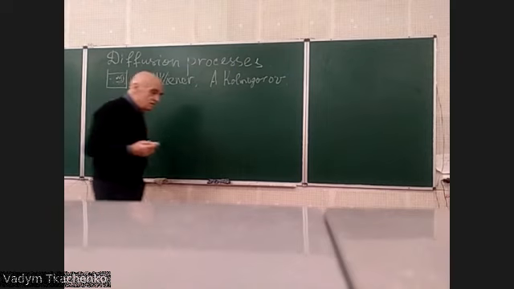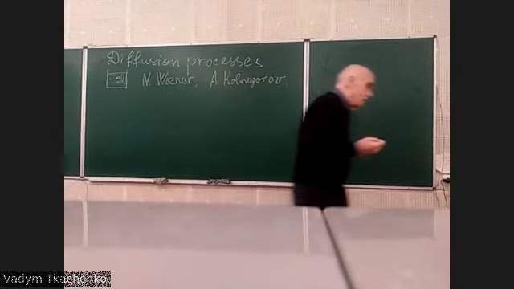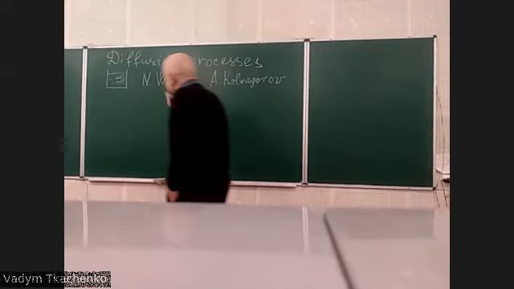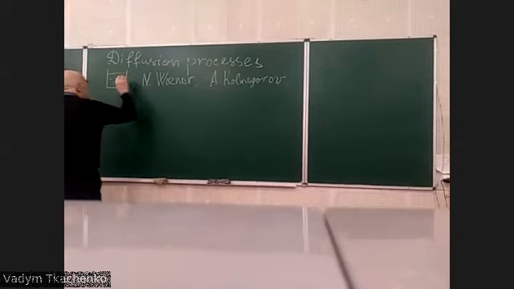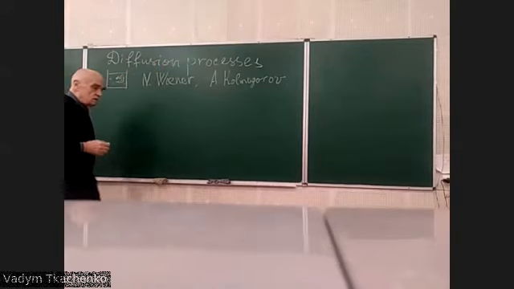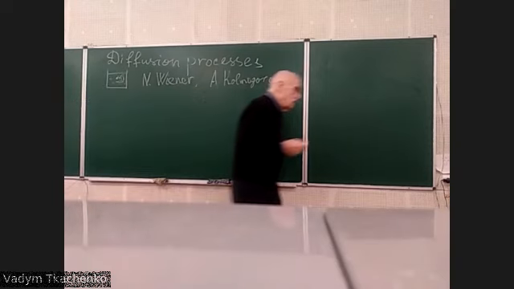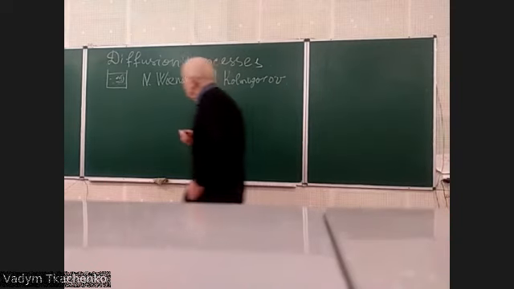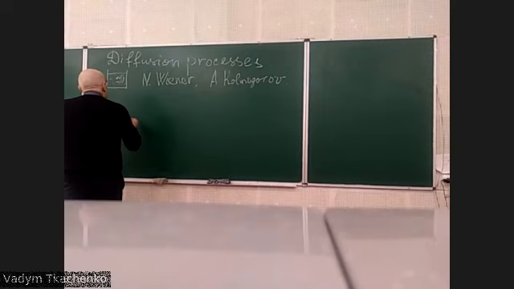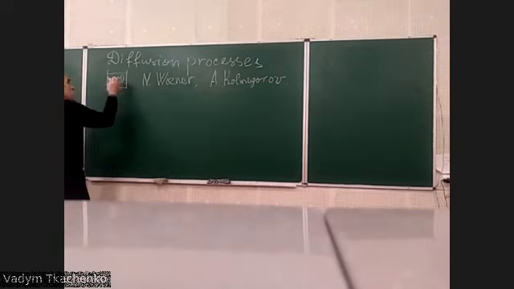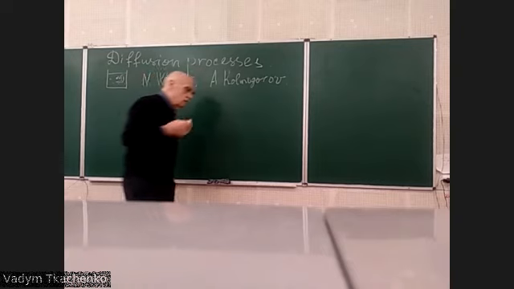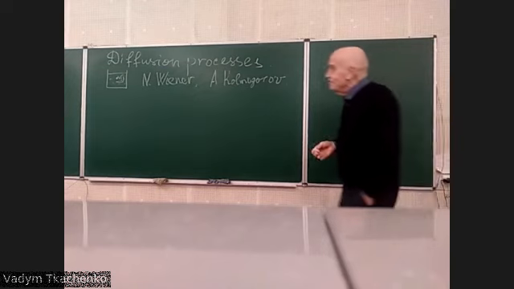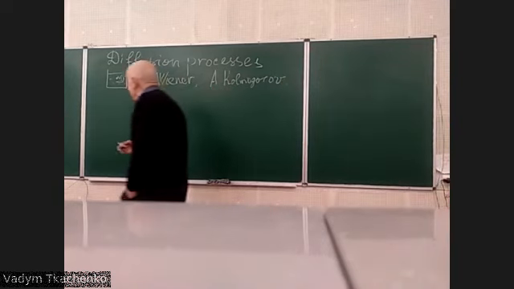The main idea of Kolmogorov was as follows. Such a particle takes part in two kinds of motion. The first one is a macroscopic motion. There might be some streams in the liquid or in the gas.